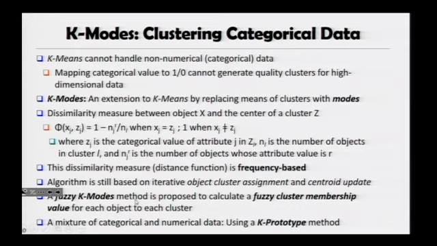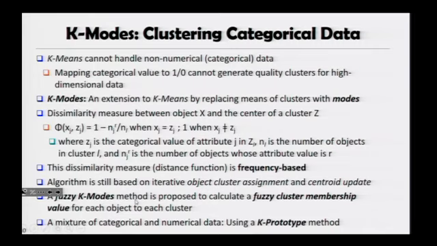This dissimilarity function looks kind of strange, but the idea behind it is that if an object has the same attribute value as many of the objects in that cluster, then they should be more similar, so the dissimilarity score will be small, meaning they are very similar. With this measure, we can follow the same procedure as in the k-means algorithm.